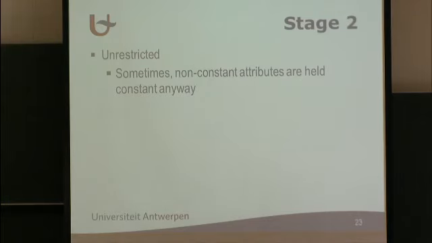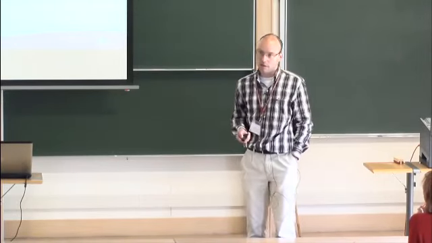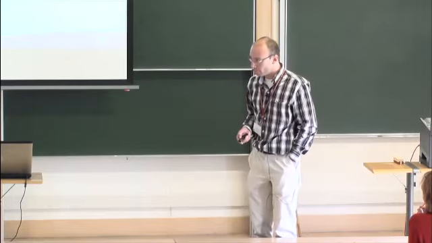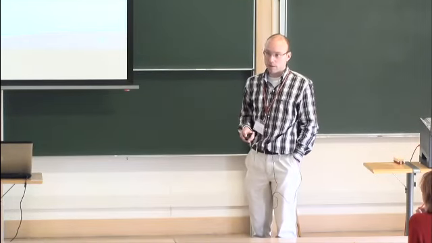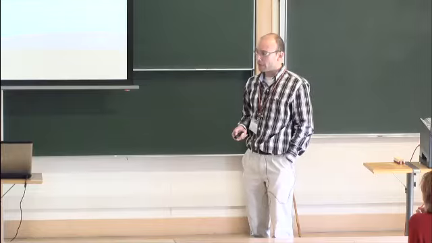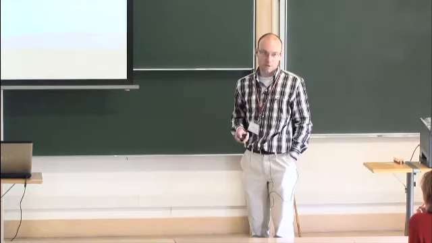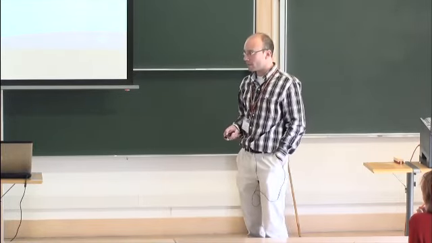What happens if you use that coordinate exchange algorithm is that sometimes attributes that you do not want to hold constant are held constant anyway. Apparently, it's statistically optimal to have level overlap for some of the attributes that you do not want to hold constant. And this is inelegant.